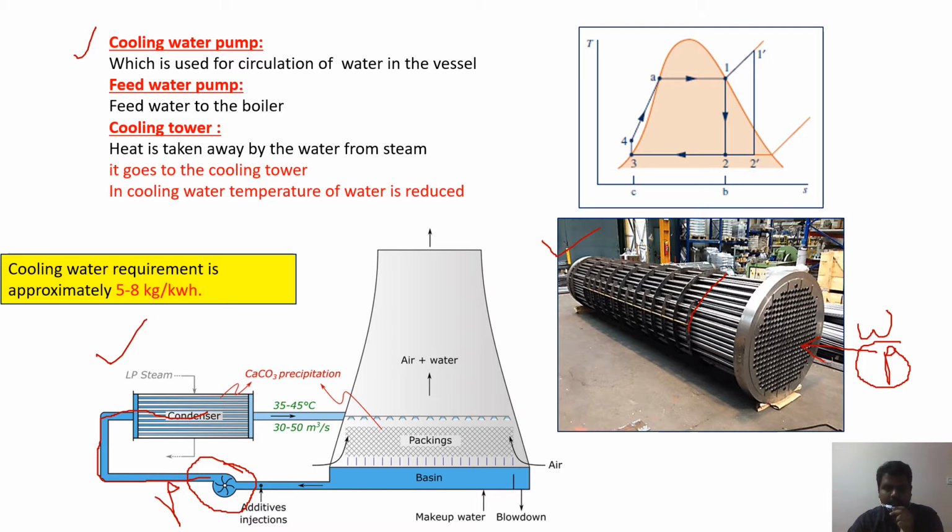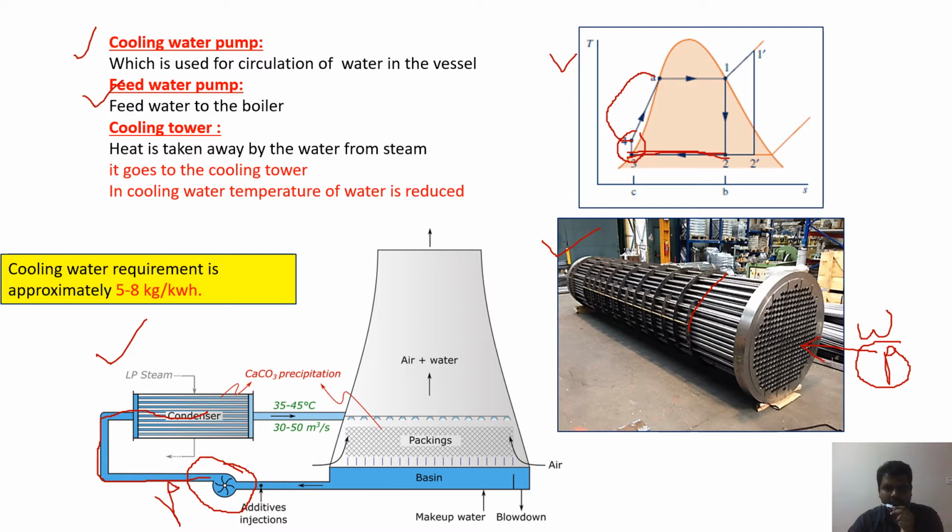The other pump is the feed water pump. It will be there at the end of the condenser. As we know, process 2 to 3 in the Rankine cycle is the condensation process. After condensing, we need to pump the water again to the boiler in process 4 to 1.